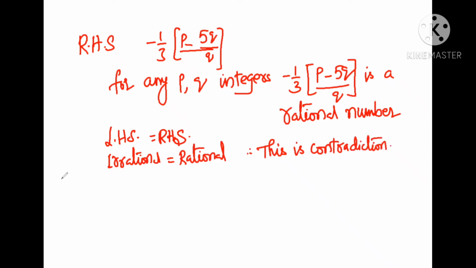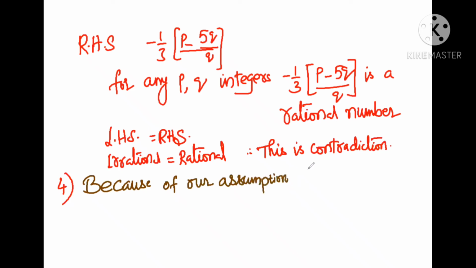So we reach a contradiction. So why did we reach this contradiction? Because of our wrong assumption. Because of our assumption, there is a contradiction.